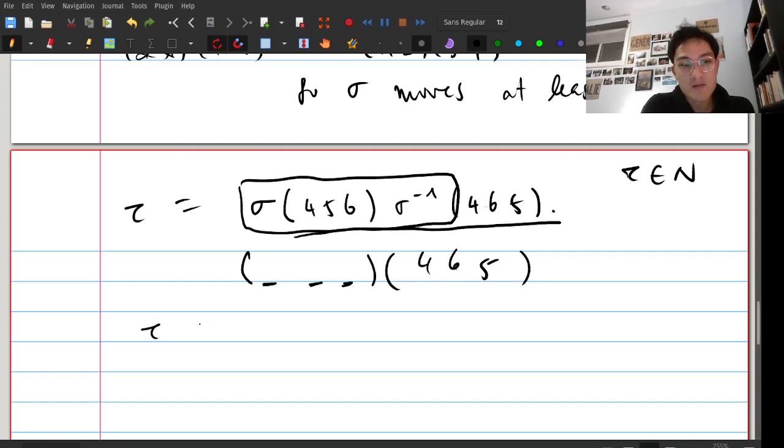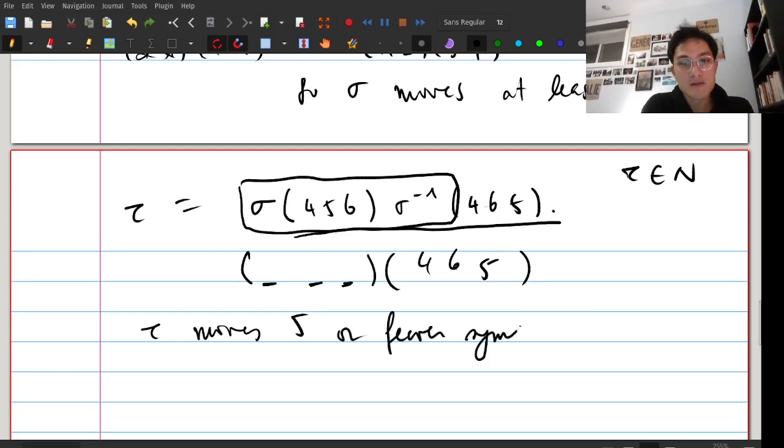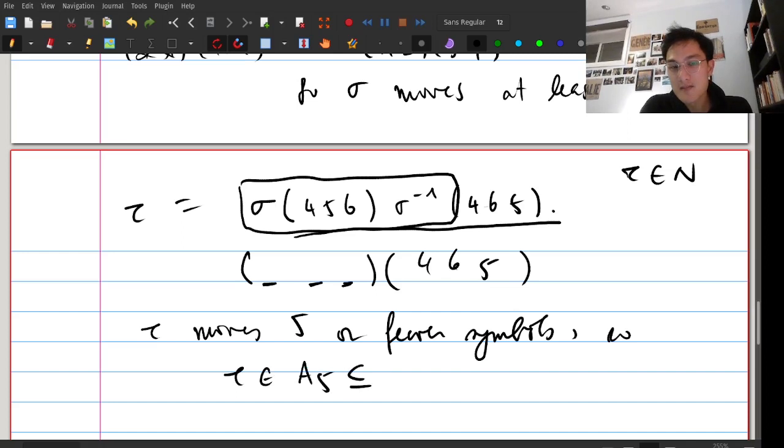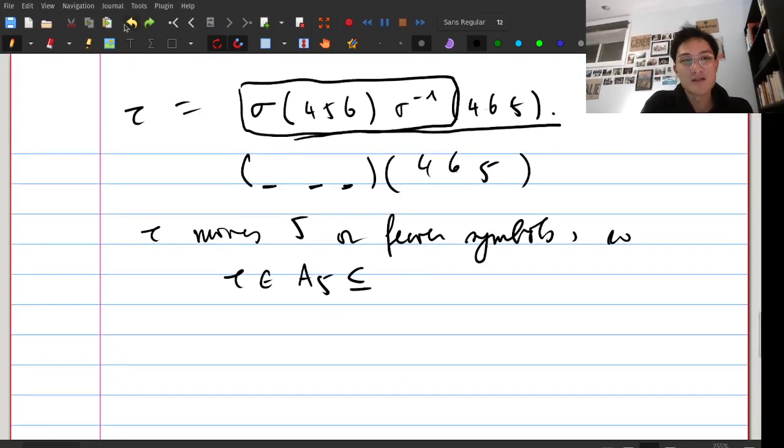Then tau moves 5 or fewer symbols. So tau is an element of A5, a subgroup of Sn. There's a copy of A5 in Sn, obviously, by taking the symbols that tau moves.